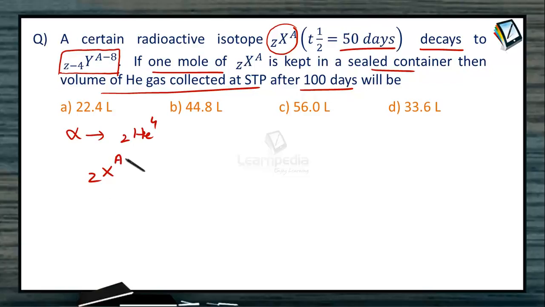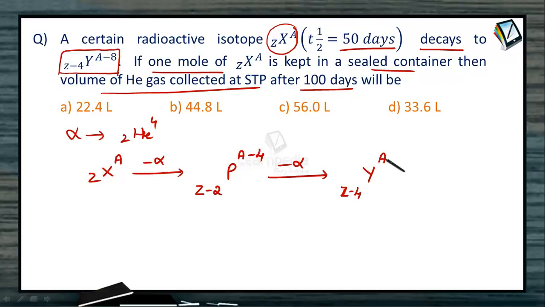This particular nuclide, when it emits an alpha particle, is converted into another nuclide whose atomic number decreased by 2 units and mass number decreased by 4 units. And when this loses another alpha particle, only then it is converted into the final product, which is Y with atomic number Z-4 and mass number A-8.